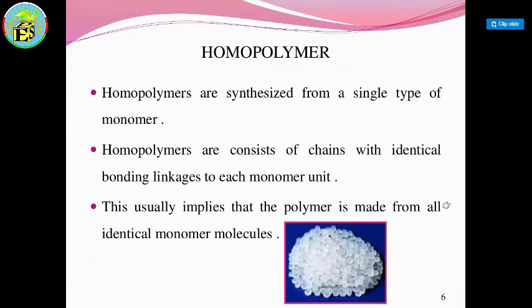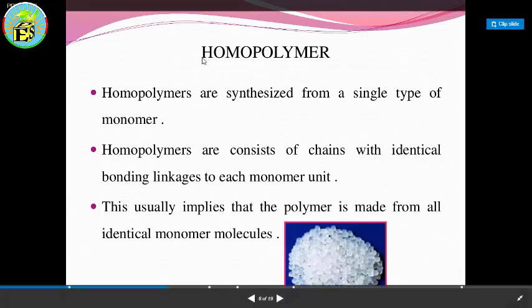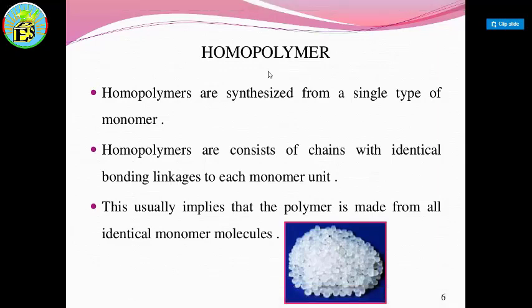Next is homopolymer. The word homo means same. So for a homopolymer, you can guess that the polymer is made up of the same monomers. The same type of small units are joined together to make one polymer.